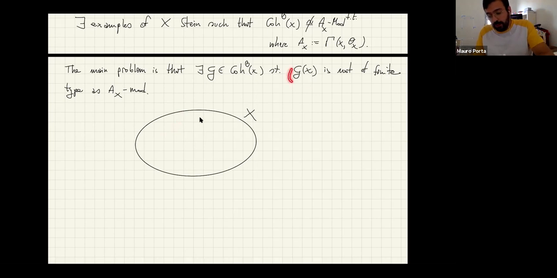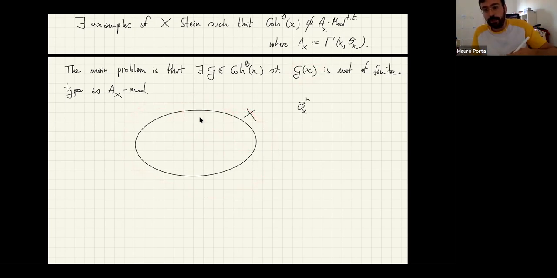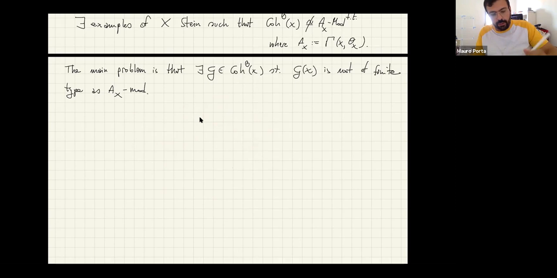The condition of G being coherent means that locally it's a quotient of O_X to the n, but this cover could be infinite, and in the end you will need an increasing number of generators to describe G over the whole X. This doesn't happen in algebraic geometry because affine schemes are quasi-compact. So every cover can automatically be refined to a finite cover. Then you pick all the generators and it's still a finite number, and it's okay. So how can we fix this thing?